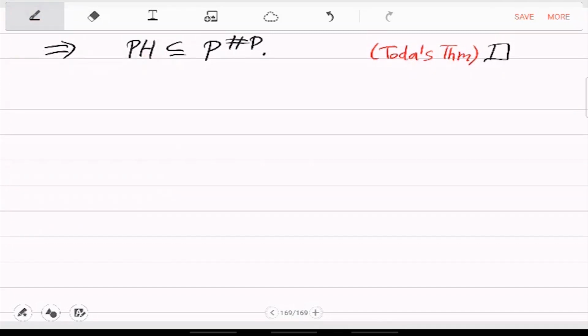Okay, so finally, after several classes and a long proof, we have finished the proof of Toda's theorem. Remember the key steps were: first you replace the quantifiers by a single quantifier, which is parity. So you randomly reduce PH to parity SAT, and then you de-randomize that by jacking up the moduli.